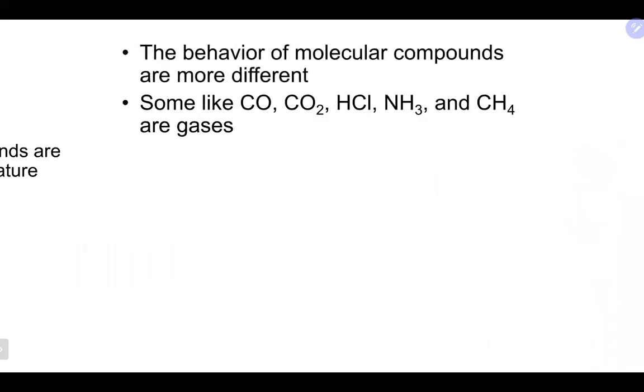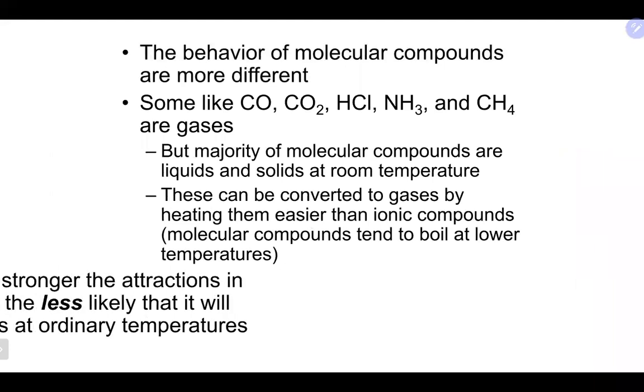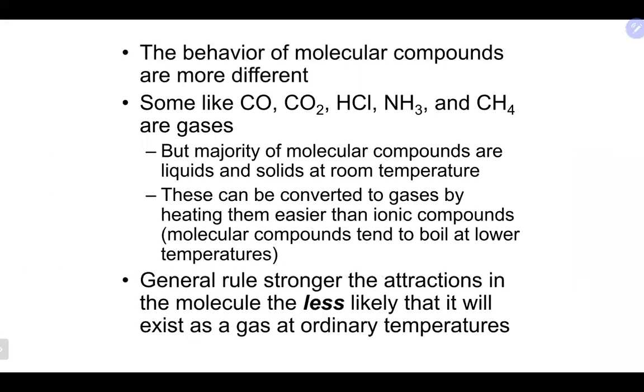Now, other things, molecular compounds, which are the ones that are sharing electrons. A reminder: ionic compounds are not sharing electrons. There's been a transfer of electrons, and something's become positively charged and negatively charged. But those that actually share electrons are a little bit different. A lot of molecular compounds come as gases, like carbon monoxide, carbon dioxide, hydrogen chloride gas, ammonia, and methane.